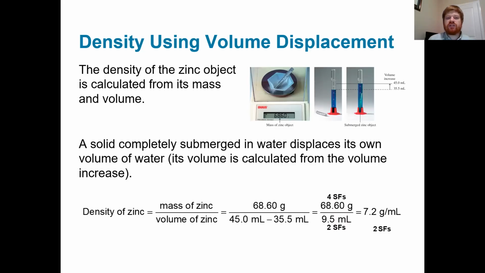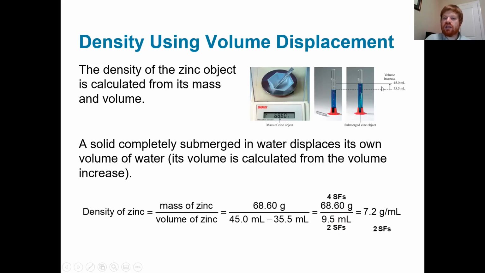So the idea is you can get the mass of a solid very easily using a balance like what we have in lab. You can get the volume of a solid, well, if it's a regular object, like a geometric solid, no problem, you can measure the length and height. But that's not always the case. Sometimes you have irregular solids and you can't get the measurement that easily. Well, you can stick it in water, and subtract the initial volume of water from the final volume of water.